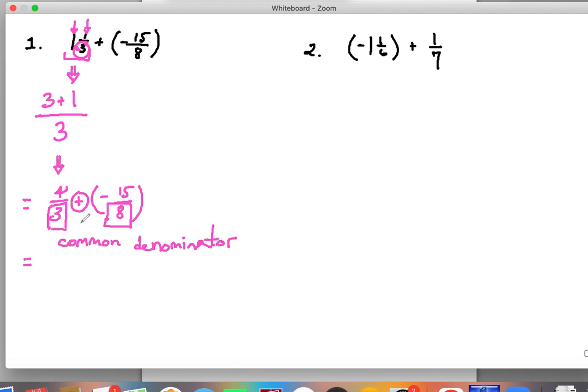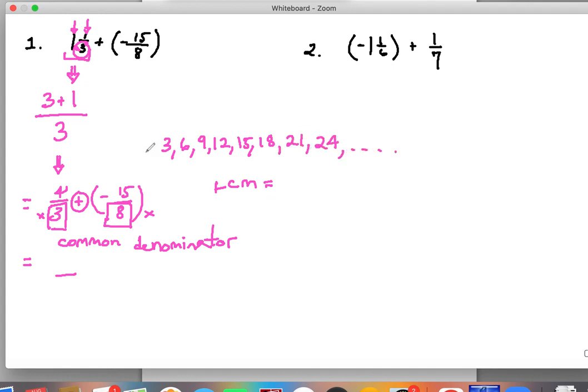Okay, the way you get the common denominator, you think to yourself, 3 and 8. You want to multiply 3 by something so that it brings you to 8 or a multiple of 8. You're looking for what's called the LCM. The LCM is the least common multiple between 3 and 8. So you could list multiples of 3: 3, 6, 9, 12, 15, 18, 21, 24, and you can keep going.